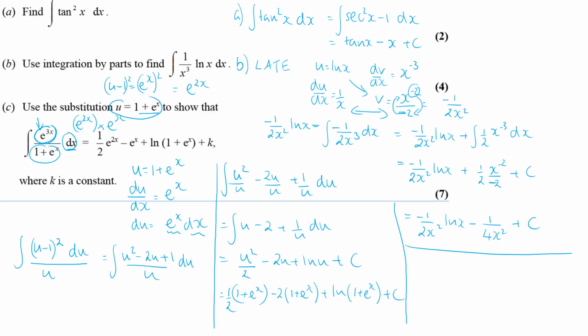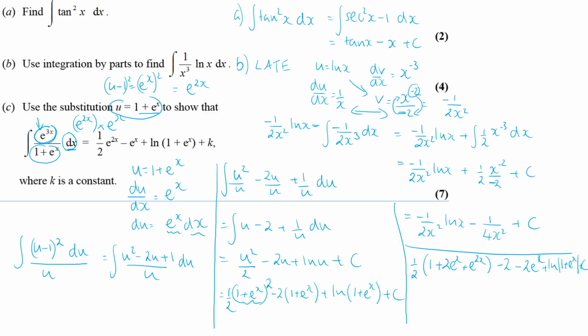So squaring out this bracket, we've got a half of 1 plus 2 e to the x plus e to the 2x, minus 2 e to the x, plus the ln of 1 plus e to the x, plus c.